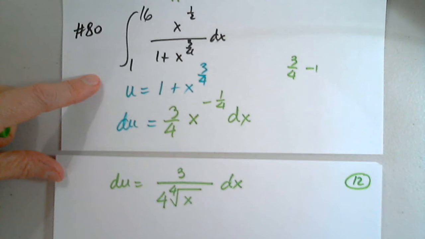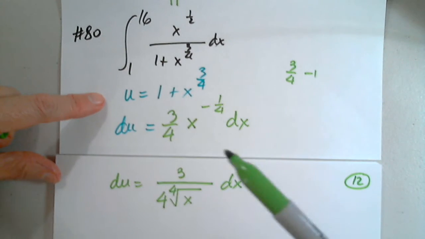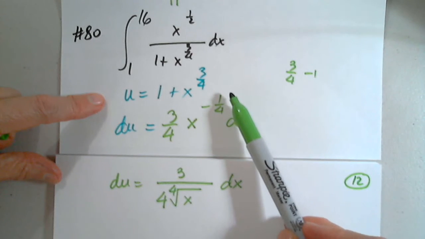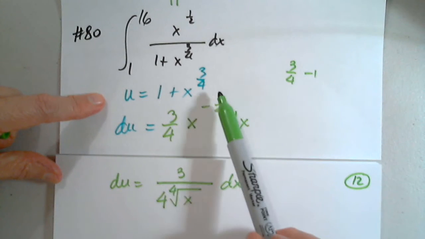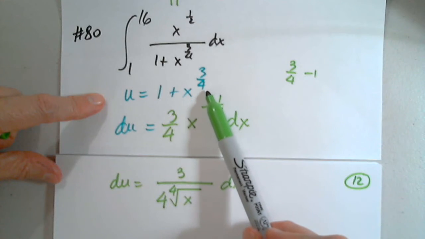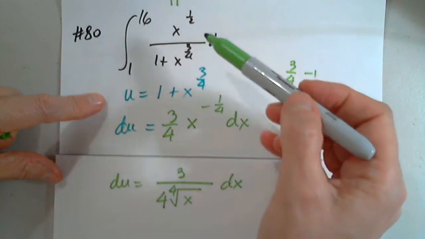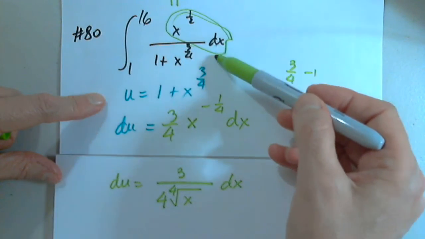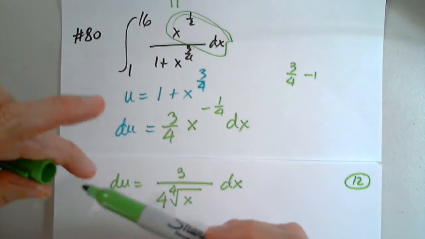So I'm thinking for a second if this is the right substitution. Sometimes we may start on a wrong path. That's very possible. So let me think about this. Because what I expect is du to be this, but it's not.